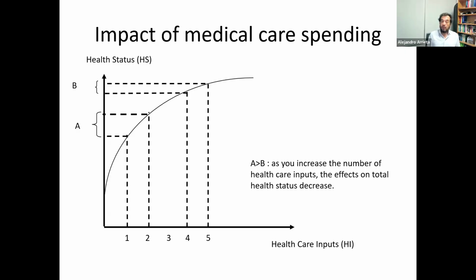But eventually, having too many could also be detrimental. Not because of the damage that it can produce, but the evidence shows that when you have too many ultrasounds, it's more likely, for example, that you will have a cesarean section. And a cesarean section is low quality, it implies more risk. And if it's not needed, really, it will affect your health.